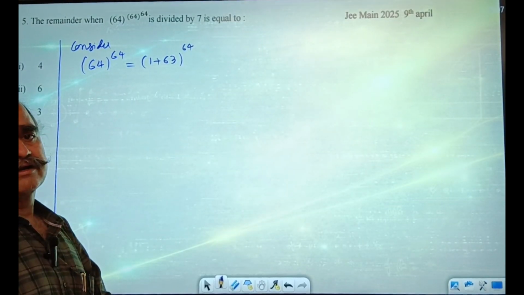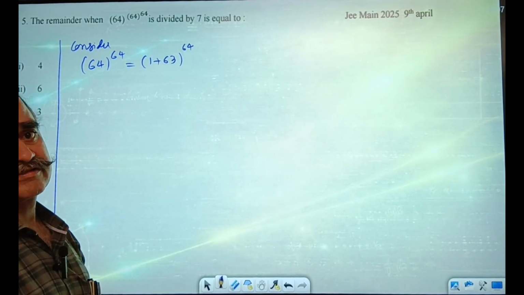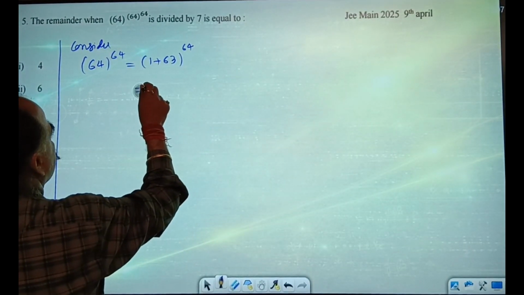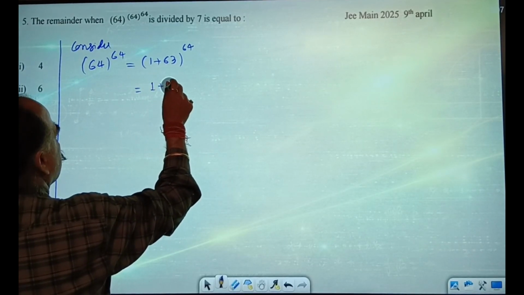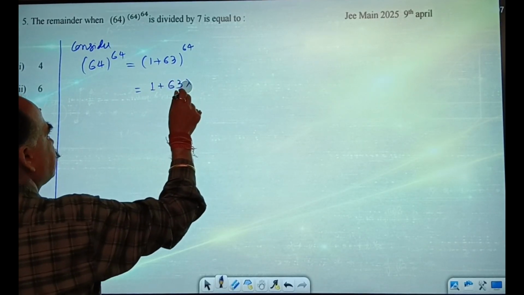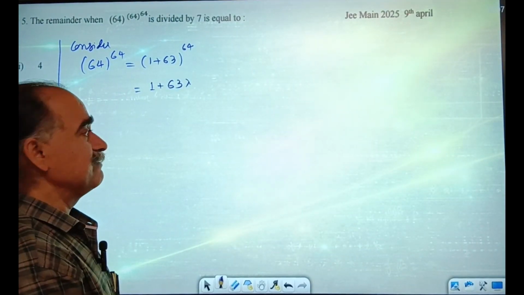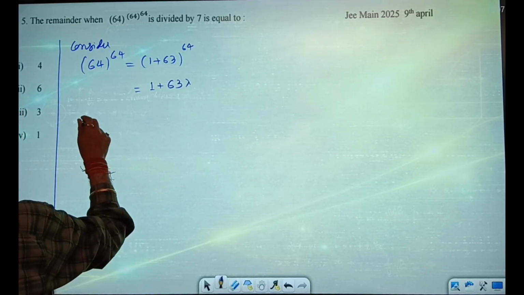When we expand it, it will give 1 plus 63 lambda. I am taking 63 times lambda because 7 divides 63 lambda.